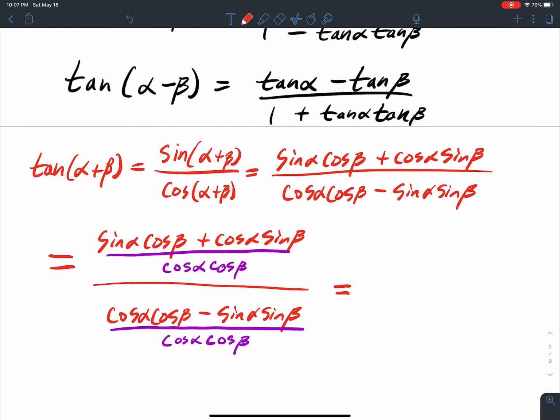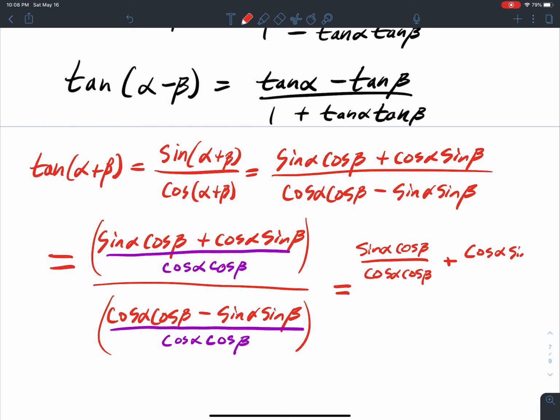If I do this, what's going to happen? Well, we're going to have a lot of cancellation going on here. This is going to be sine alpha cosine beta divided by cosine alpha cosine beta, plus, I'm just splitting it up, cosine alpha sine beta divided by cosine alpha cosine beta.